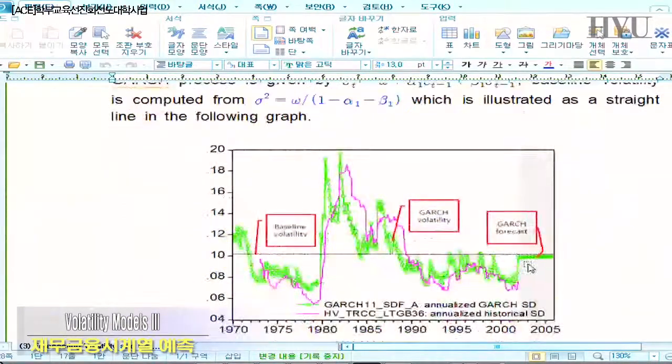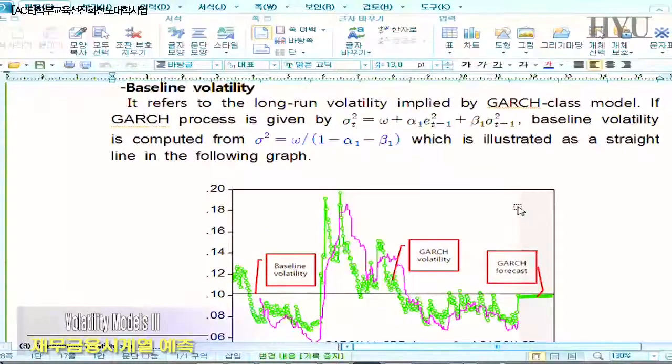And we also talked about baseline volatility, how to calculate it. If we have that, this goes to the numerator, and 1 minus the sum of these two goes to the denominator. Okay. So if you calculated that, in this particular sample, this is the line.